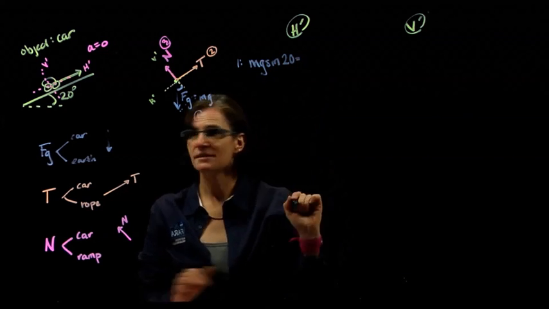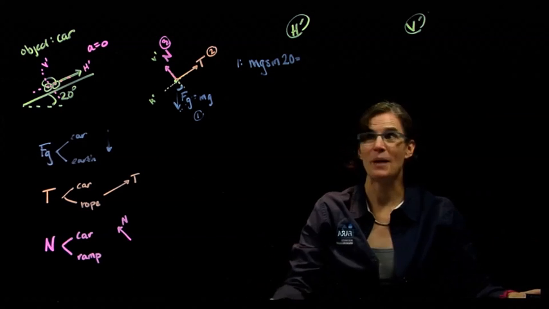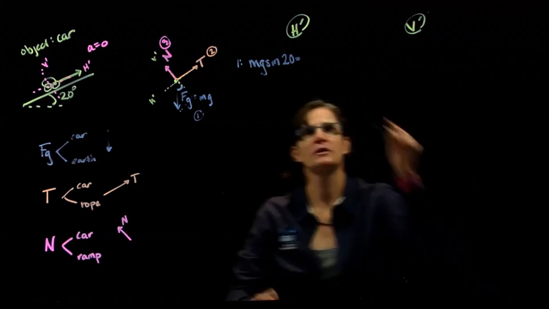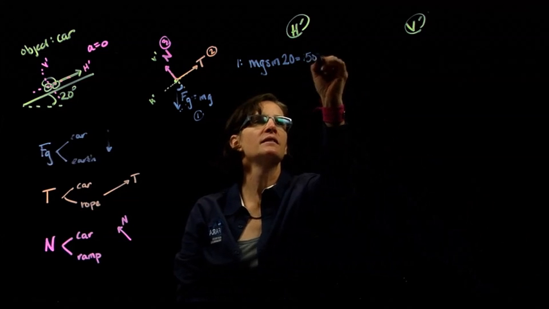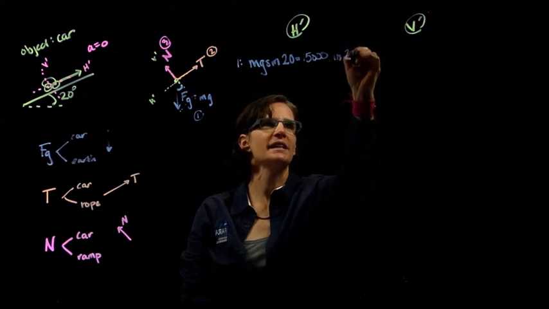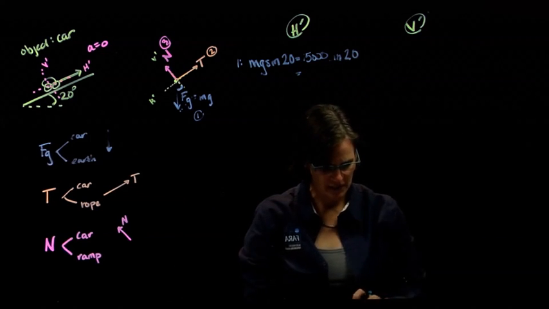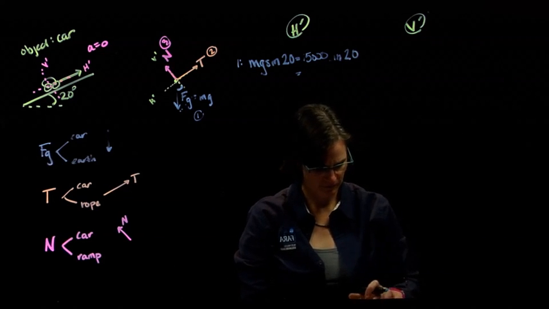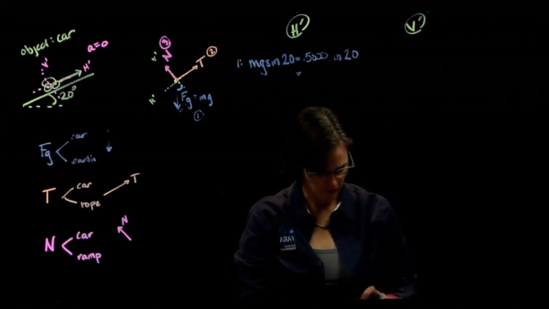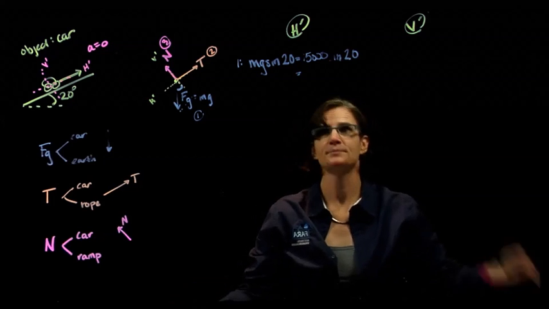We're given the weight, so my mg is 15,000 times the sine of 20. 15,000 times the sine of 20 gives me 5,130.